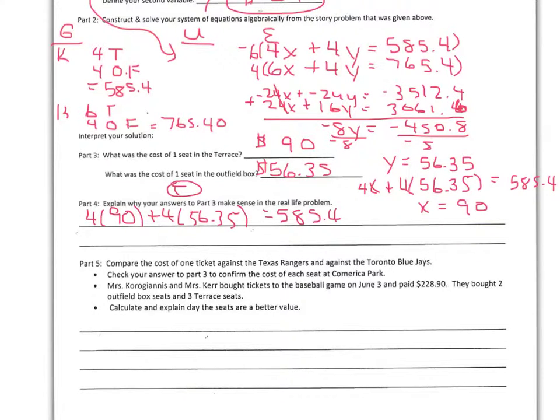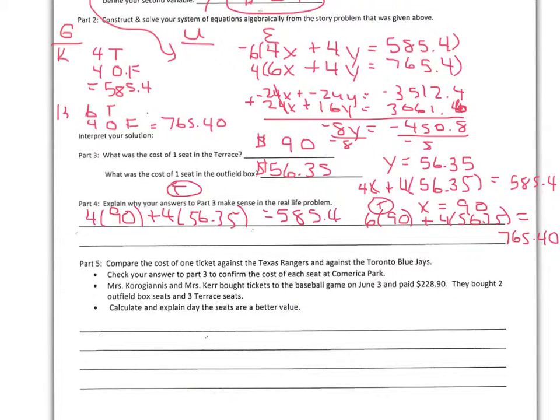And then you do the same for my situation. I bought 6 tickets at $90 plus the 4 tickets at the 56.35. What should that equal? It should equal my $765.40. So that gets me a true statement.